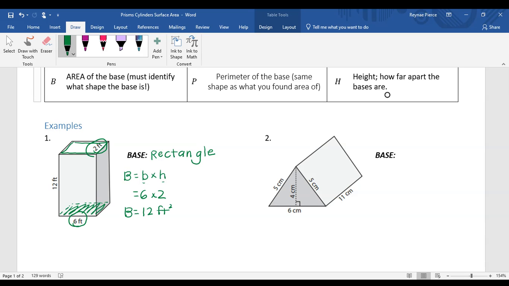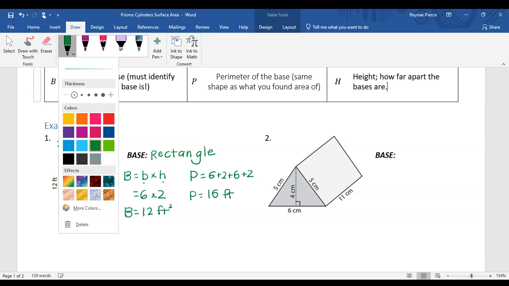Okay. Now, capital P, we are finding the perimeter. All right, and remember, the opposite sides of rectangles are congruent. So if we have 6 and 2, we also have 6 at the back side and 2 on the left side. So our perimeter, 6 plus 2 plus 6 plus 2, tells me that my perimeter is 16 feet.